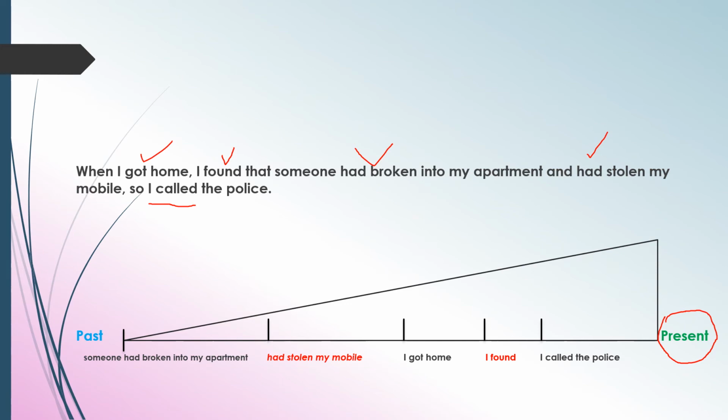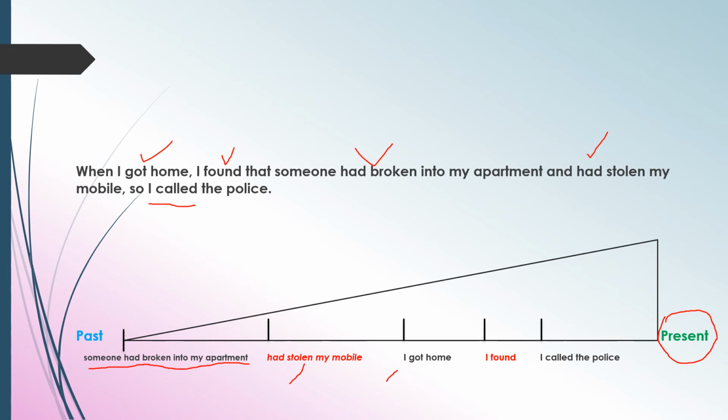If we consider these five actions, first you need to identify which happened first. We can say that someone had broken into my apartment. That happened at the very first. So first someone had broken into the apartment and then that person stole your mobile.